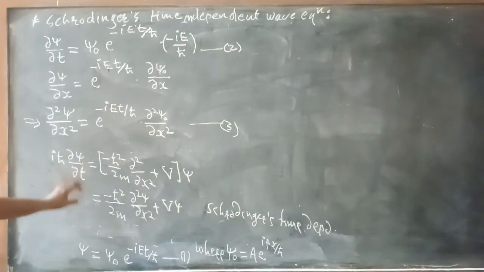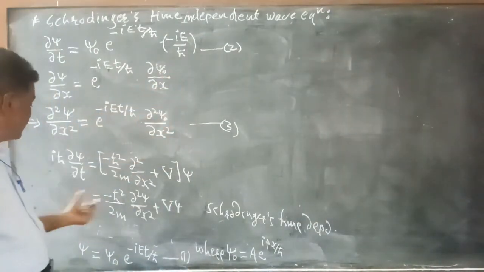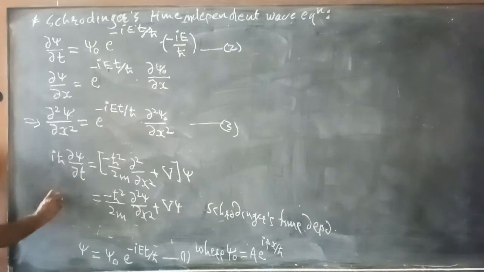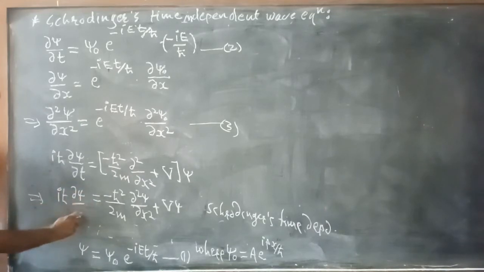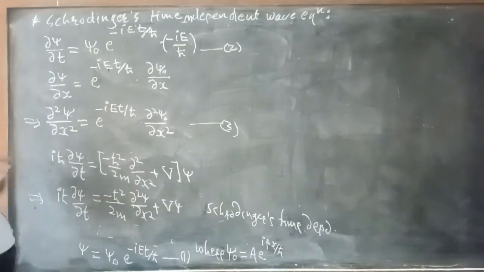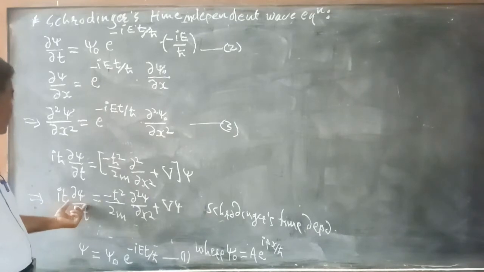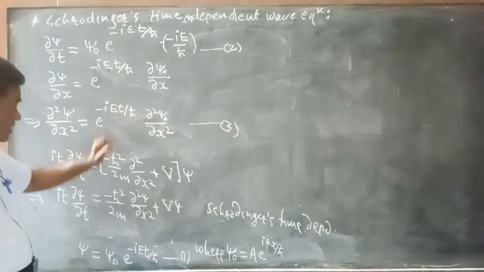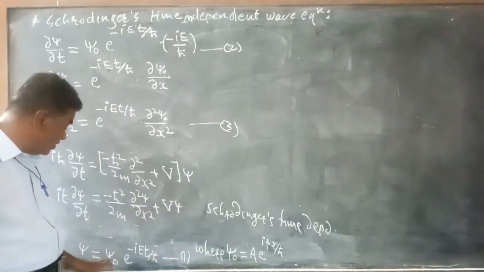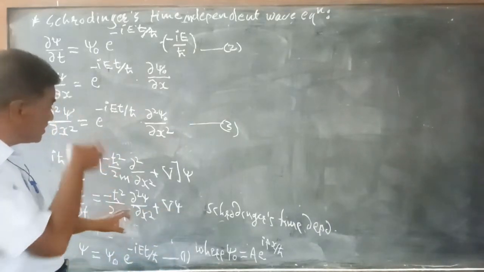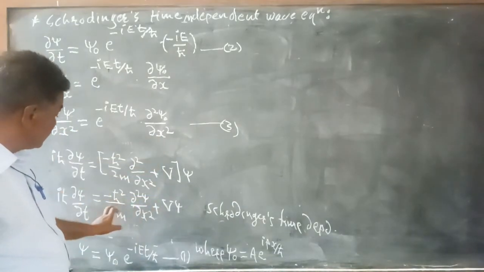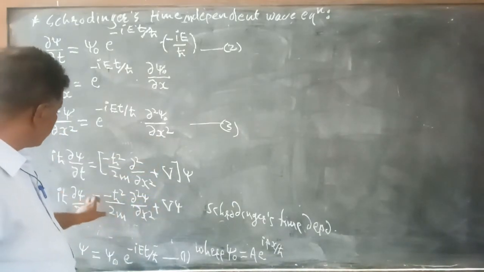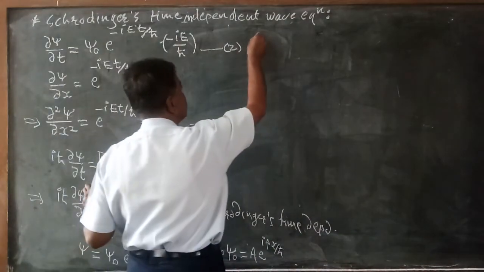Now with the help of equations 1, 2 and 3, this equation becomes: i h cut d psi divided by dt. Now we will put the value of d psi by dt from equation 2, d square psi by dx square from equation 3, and the value of psi we will take from equation 1. So what it becomes? i h cut as it is.